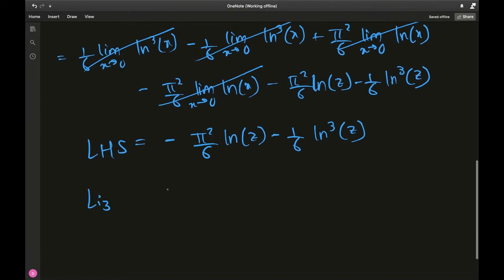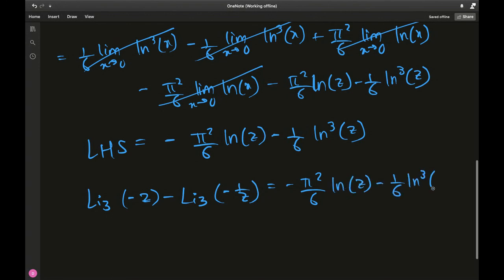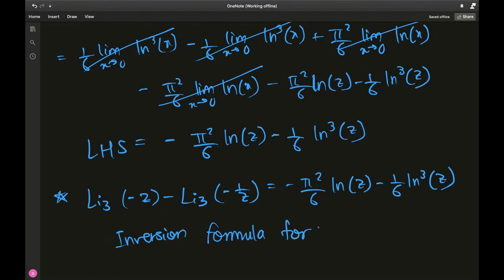It was the trilogarithm of negative z minus the trilogarithm of negative 1 over z is equal to minus pi squared over 6 times natural log of z minus 1 over 6 times natural log cubed of z. And that, my friends, is the inversion formula for the trilogarithm function.